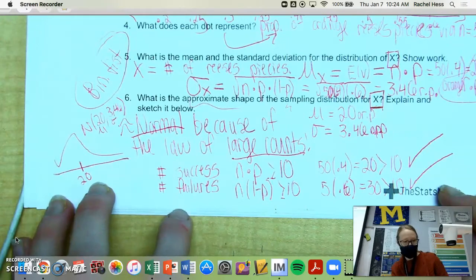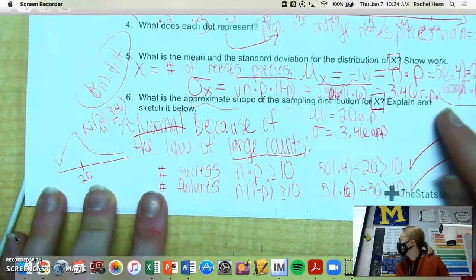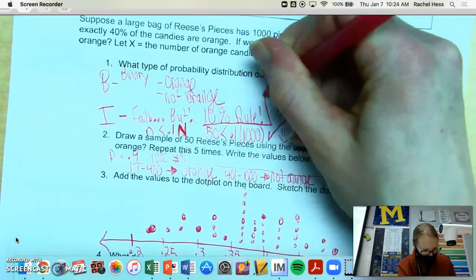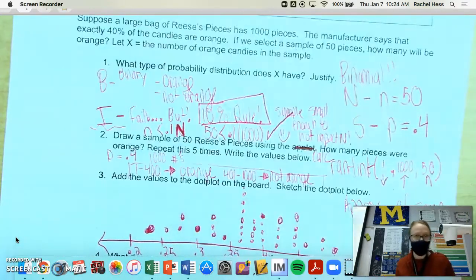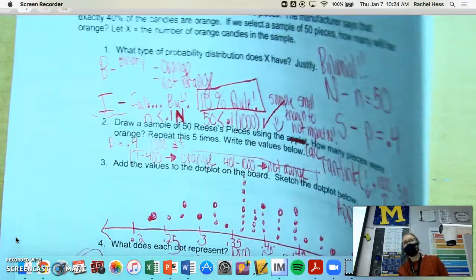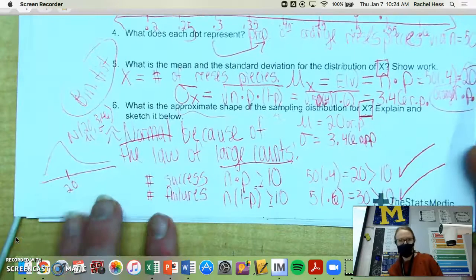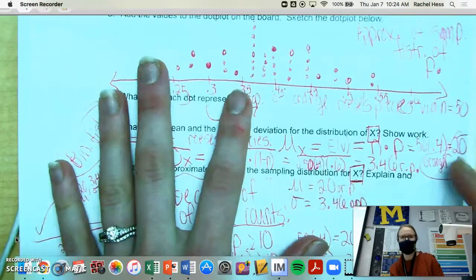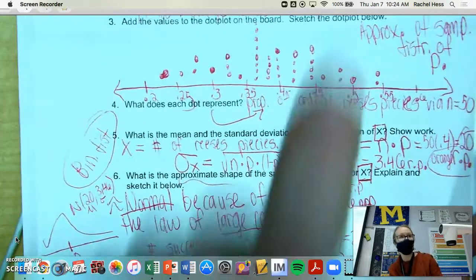And we were also able to apply the 10% rule up here in order to declare independence. So those are some checks that we're going to keep coming back to over and over again. And I just wanted to show you guys that we can do sampling distributions with proportions, with x values, with means, right?